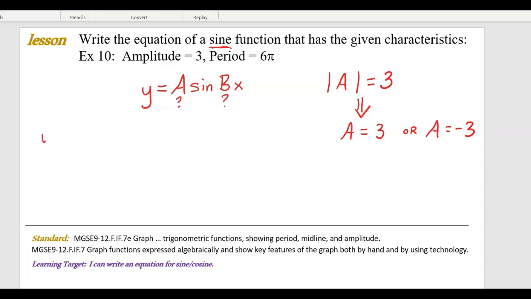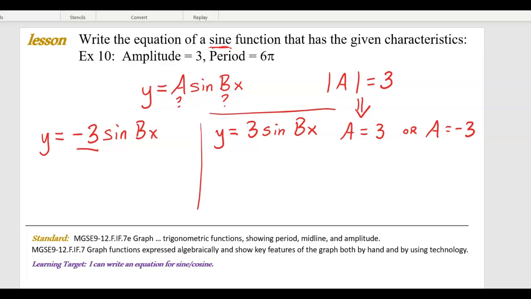So we really have 2 possible answers: y equals negative 3 sine of bx, I still need to find b, or y equals 3 sine of bx. Either one of those is fine. In general, most students would just make it 3, but it could be negative 3.